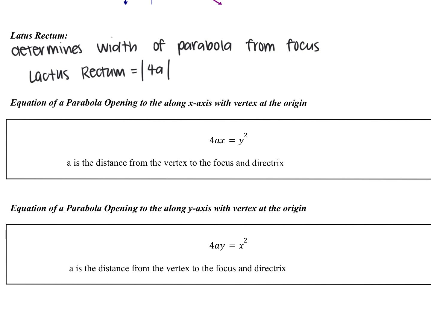So again, this is a parabola that's going to open right or left. And then if it opens along the y-axis, it's 4ay equals x squared, where a is, again, the distance from your vertex to your focus and directrix. So this is something that opens up or down.